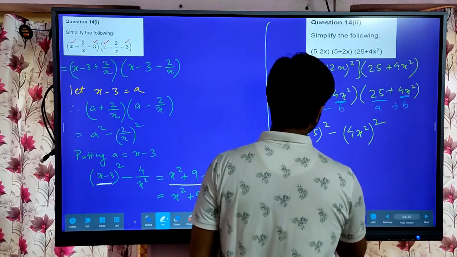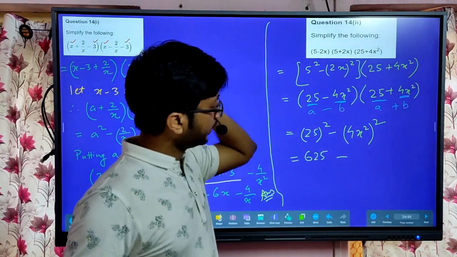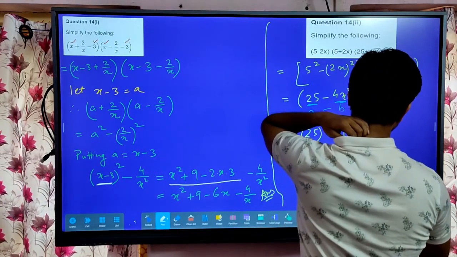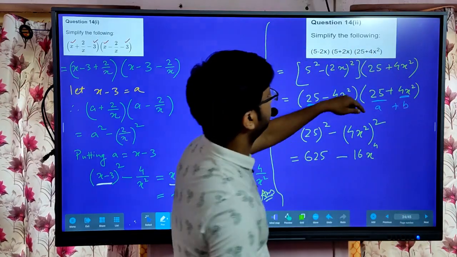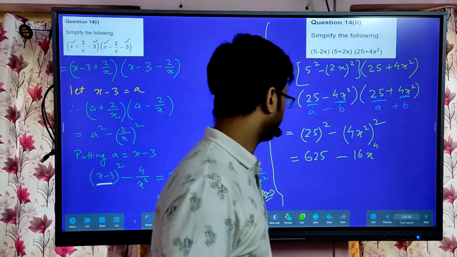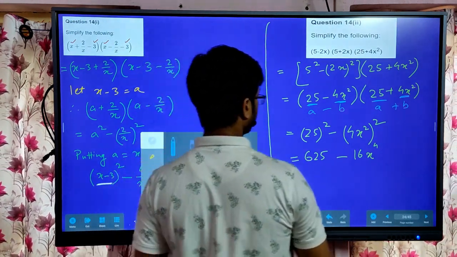So 625 minus 4 squared is 16, x to the power 2 into 2. Power on power gets multiplied, so 16 x to the power 4. So that is the answer.